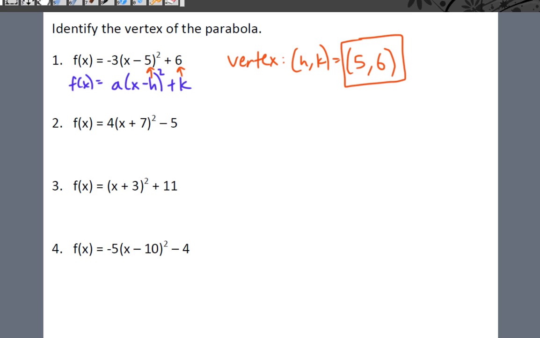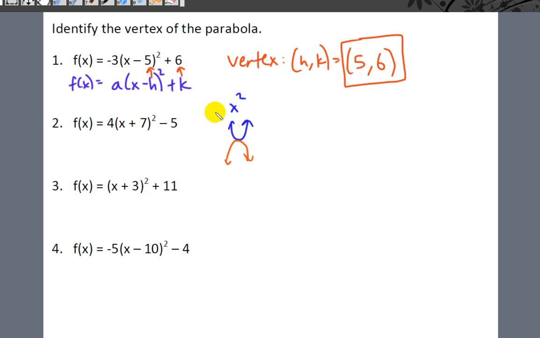One way to also think of this in context: if you have your function x squared, this parabola will go through some interesting transformations. First, it's going to be reflected across the x-axis because it's negative.